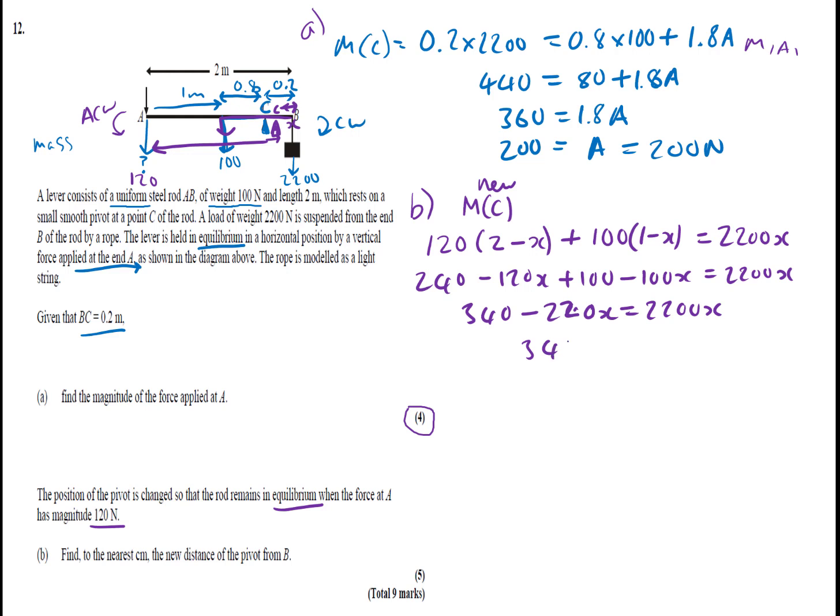So 340 equals 2,420x. So x is going to equal 0.14. Now the distance is in meters, so that is 14 centimeters.